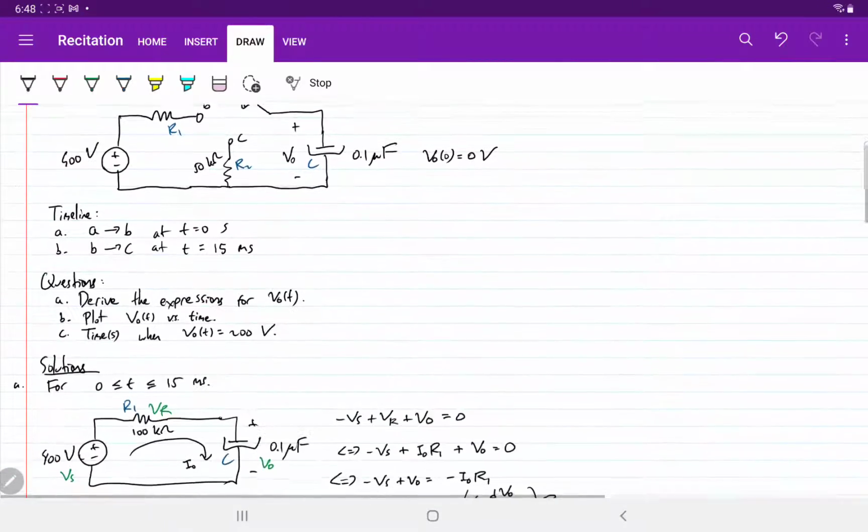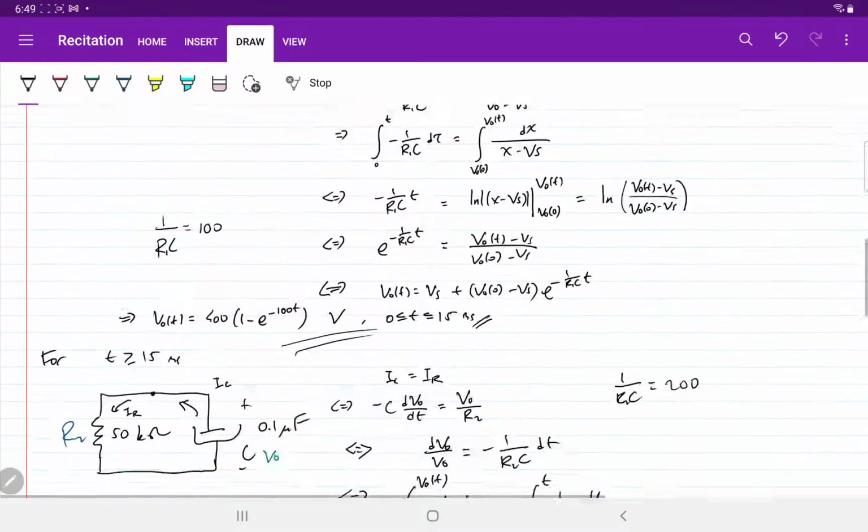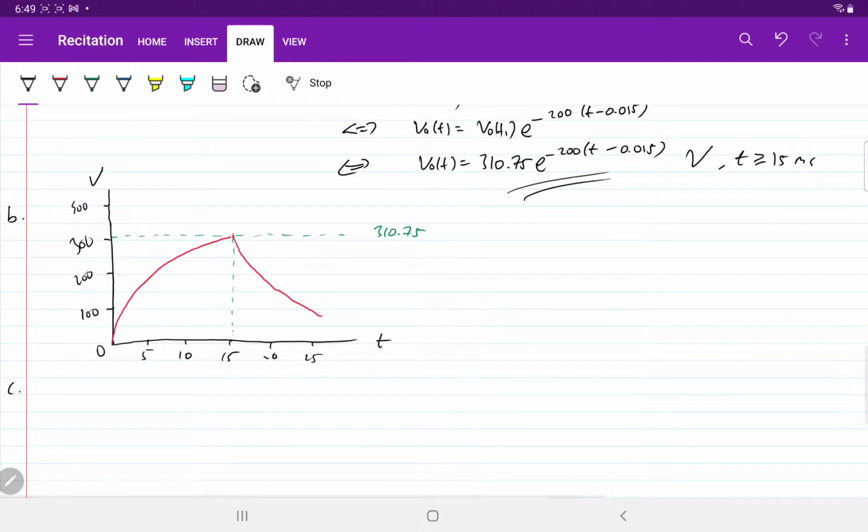What is C? We need the time when the voltage is 200. When the voltage is 200, there are actually two times.